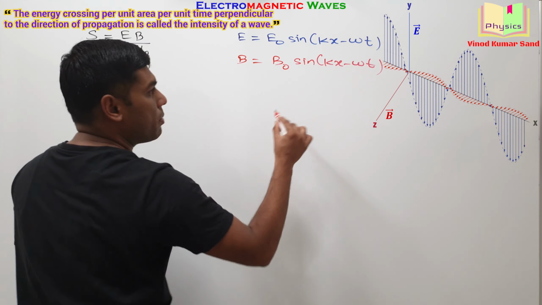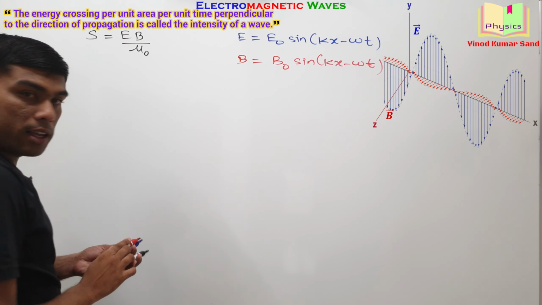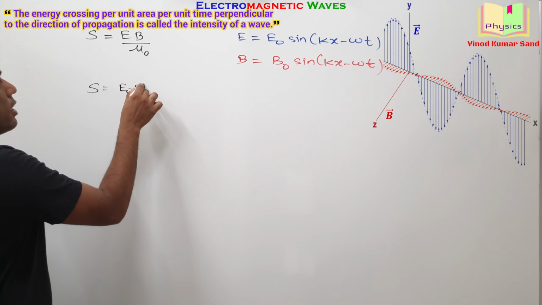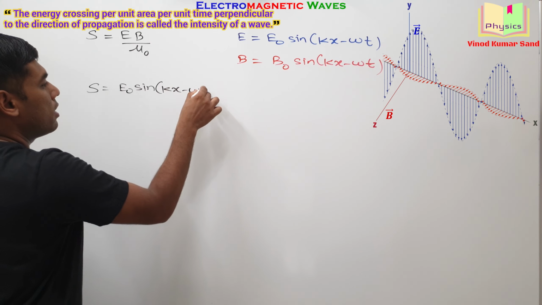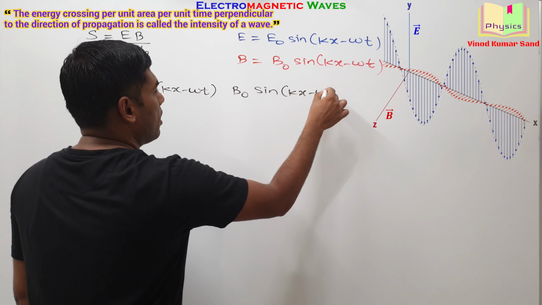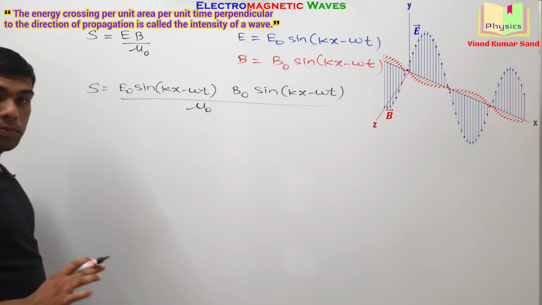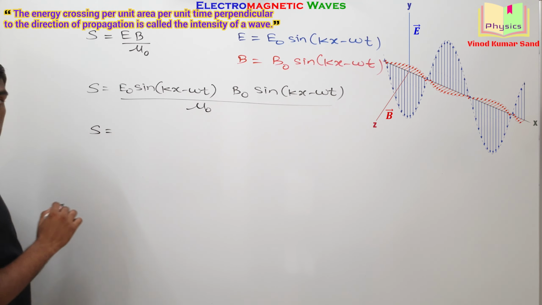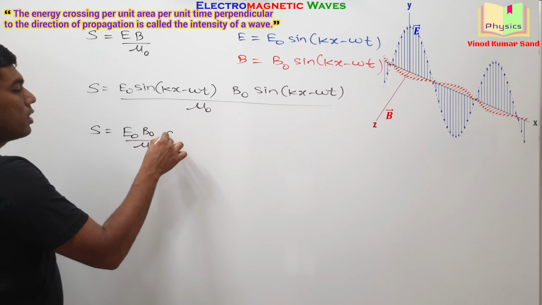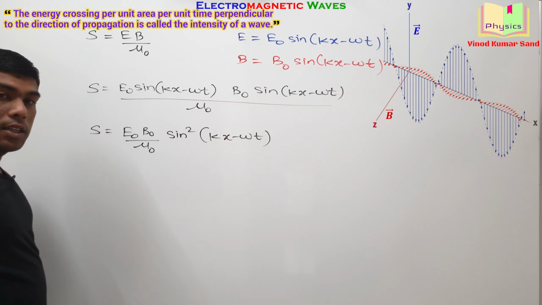I hope you remember these things. Now I am substituting these values here. So the S comes out to be E naught sine kx minus omega t, B naught sine kx minus omega t divided by mu naught. Okay. S can be further written as E naught B naught by mu naught sine square kx minus omega t.